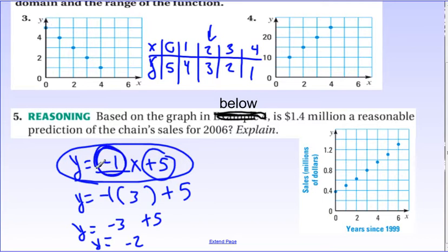This other number is called the slope of the line, how slanty the line is. This line is going downhill, so it's a negative slope. This line is going uphill, so it's a positive slope. So that tells you the sign of this number, if it's going to be positive or negative.